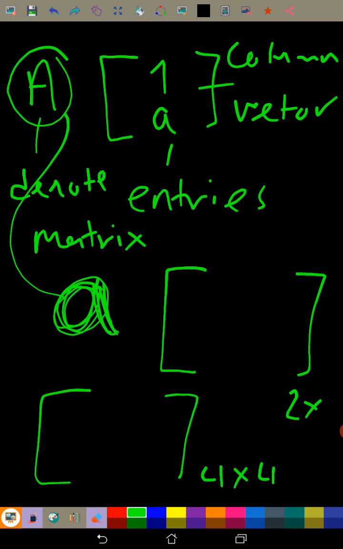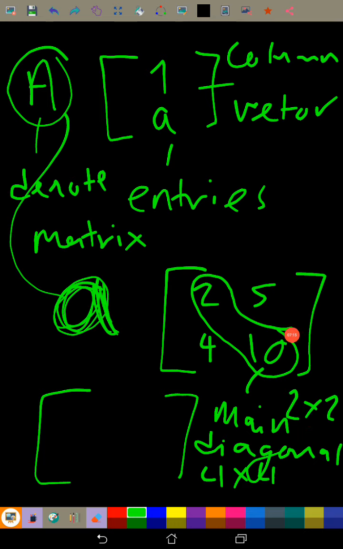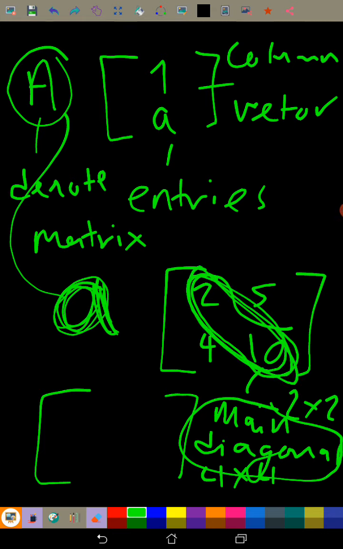The number of rows and the number of columns are the same. Let's say we have 2, 5, 4, and 10, and this is very important. This is called the main diagonal. In matrices, this is a key thing.